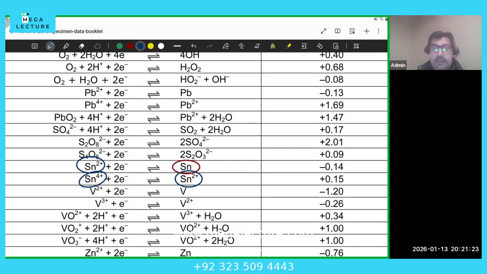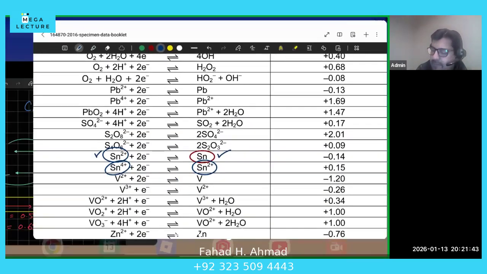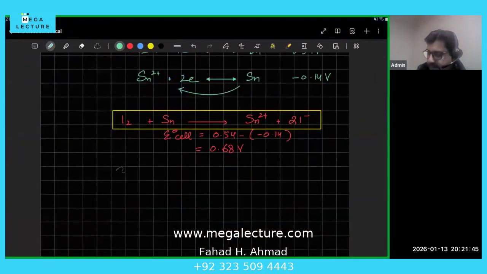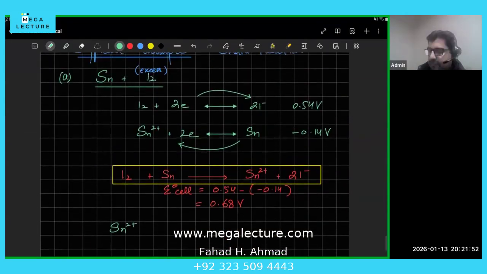Okay? So at the moment, the tin that you had has been turned into tin 2 plus. That's step number one. So now what you're wondering is whether tin 2 plus can further react or not. Okay? So अब इसको गौर से सुनना, the product of my first reaction is tin 2 plus. Okay? Tin has been turned into tin 2 plus.